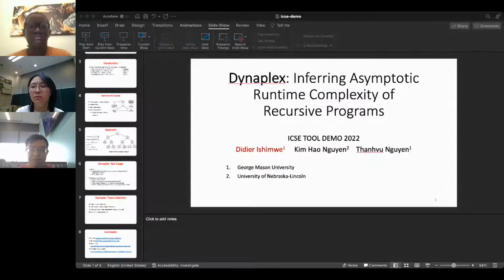Dynaplex uses dynamic analysis to infer recurrence relations and solve them for runtime complexity. Recurrence relations, or simply recurrences, are mathematical relations that show, for our purpose, how to solve a problem in terms of solving its subproblems.